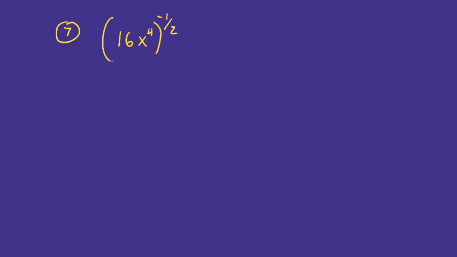Number 7, 16x to the 4th to the negative 1/2. 4, this is 4 over 1. So again, we're multiplying each exponent inside.